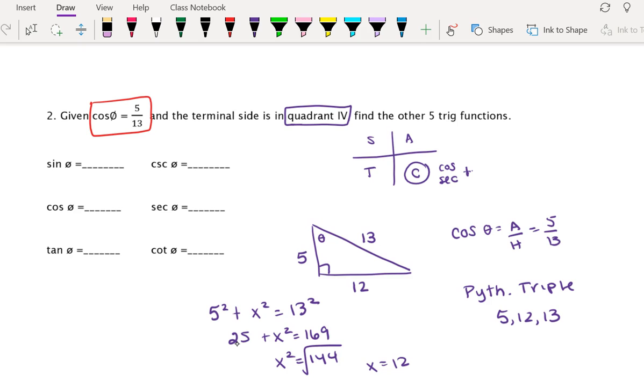Okay, so now we are in quadrant 4. Cosine and secant are my positives, which means that sine, cosecant, tangent, and cotangent are my negatives. So now we just apply the ratios.